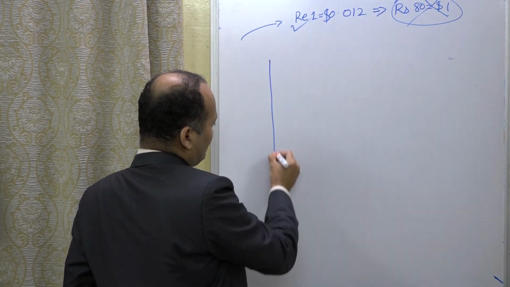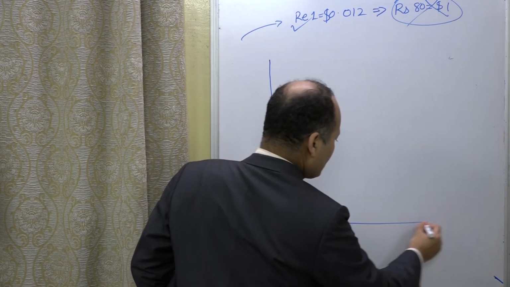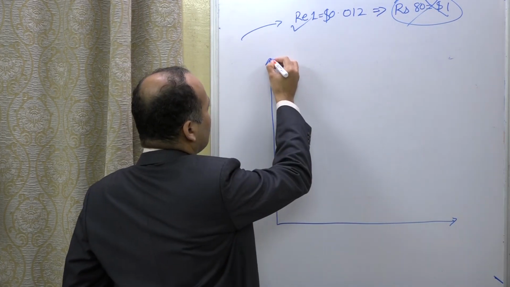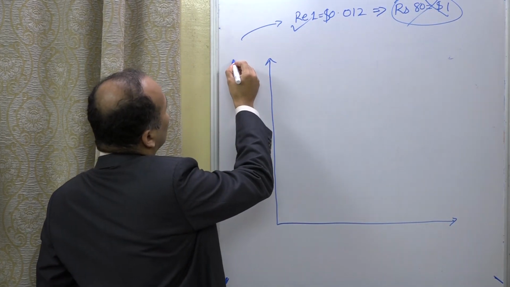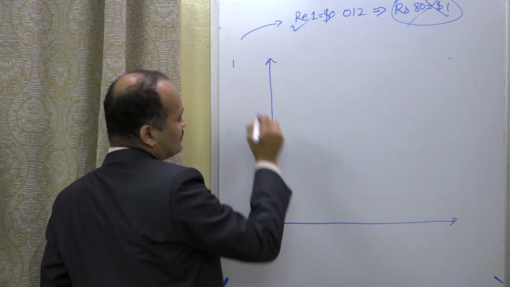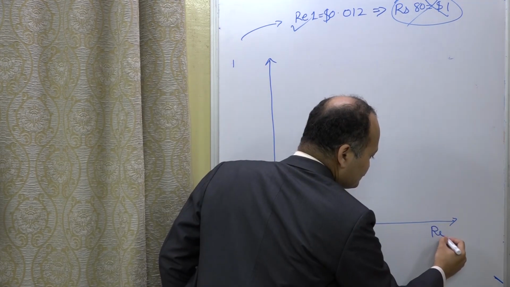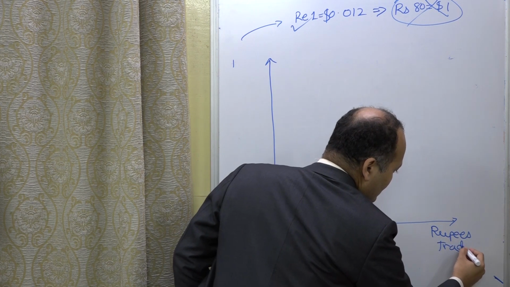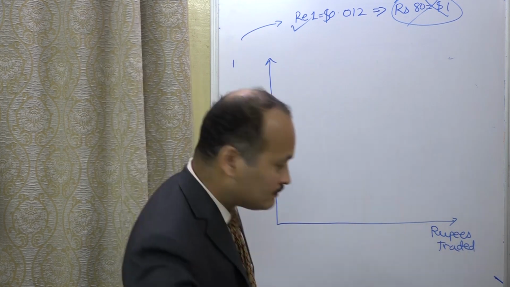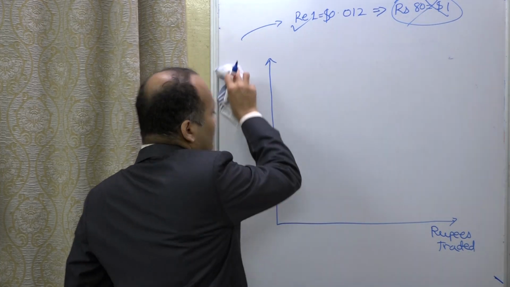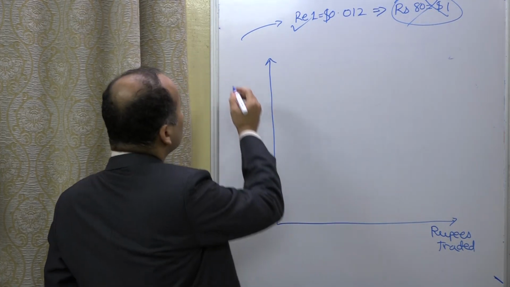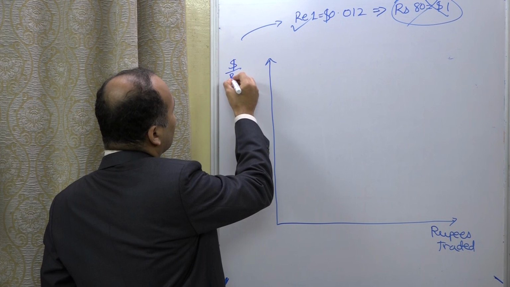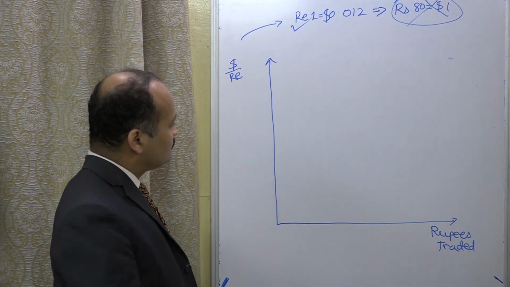Okay, so let us depict that. This was my rupees traded, and here I am putting how many units of dollar I need to get 1 unit of rupee.